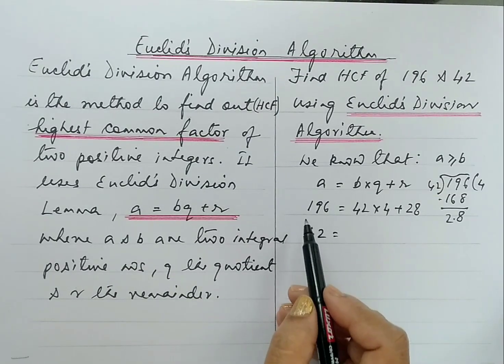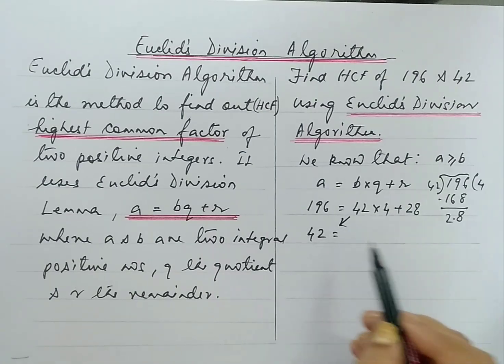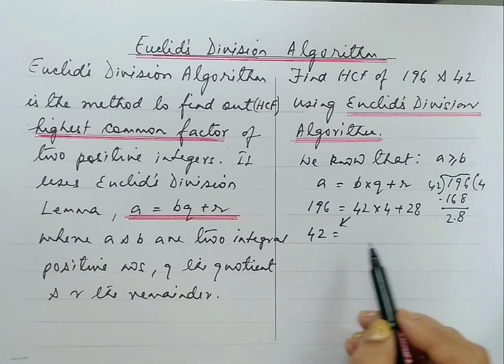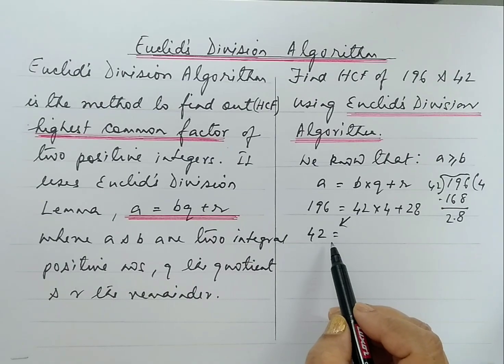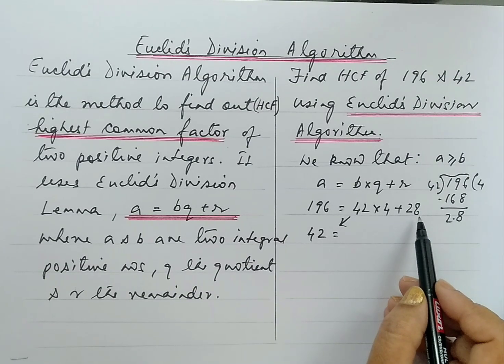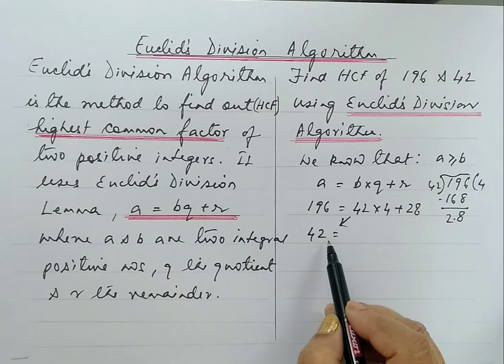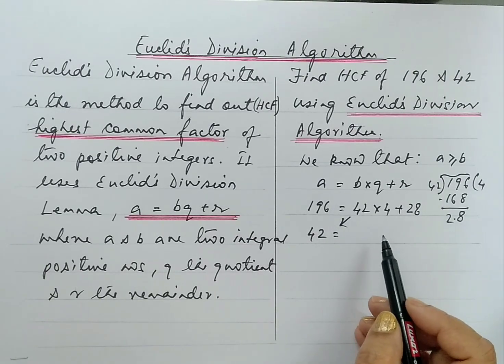This is step 1, this is step 2. And what is this to be divided with? We have to divide by the remainder. So if 42 was to be divided by 28, what shall we get?